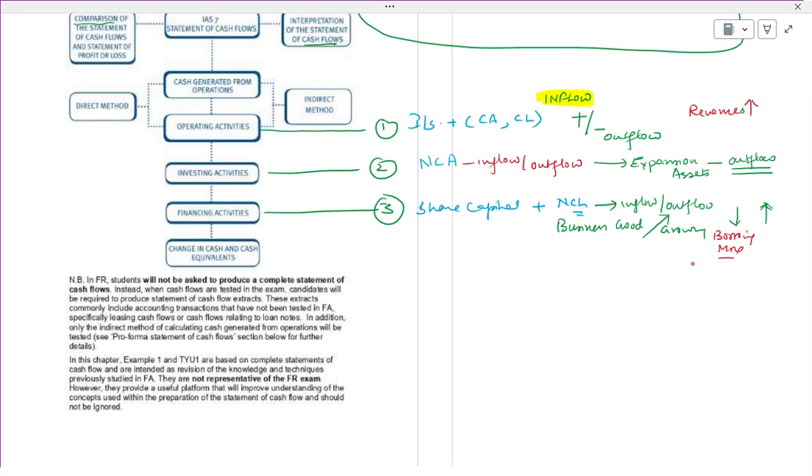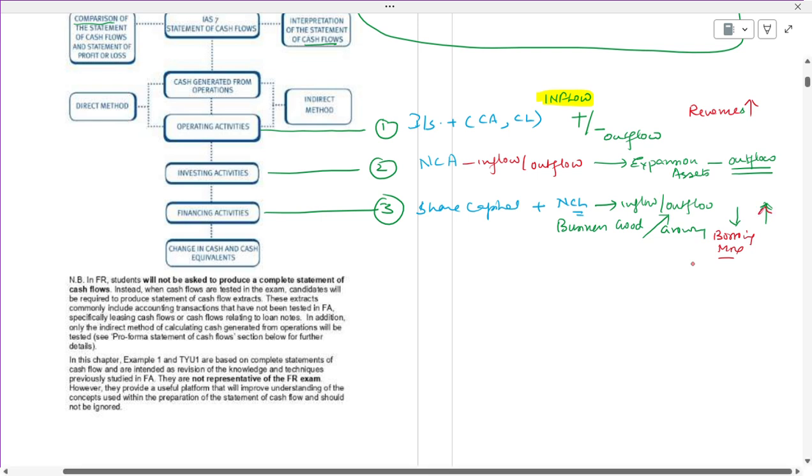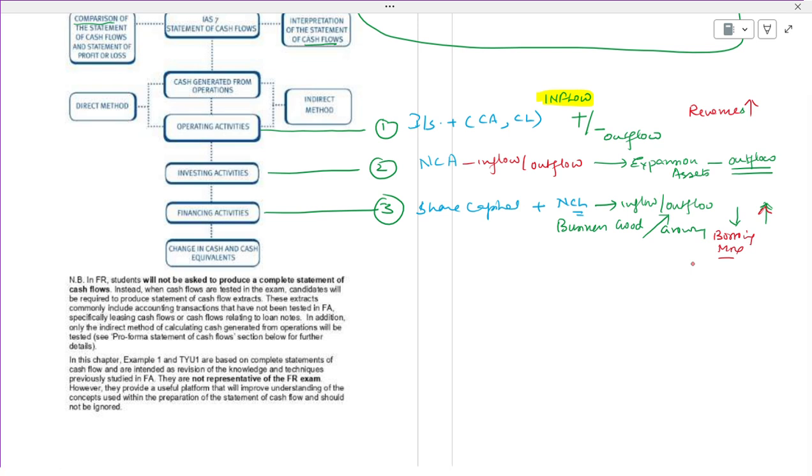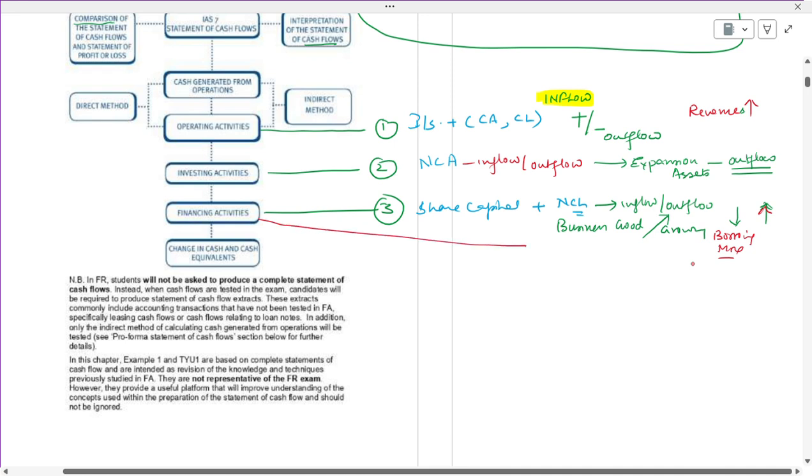Next, if you are paying more, why are you paying more? You have to pay on time, on terms and conditions. Neither should you pay more nor less. Whenever you are talking about a financing activity, it has to be a more balanced inflow or outflow.